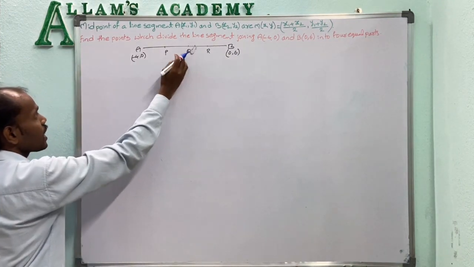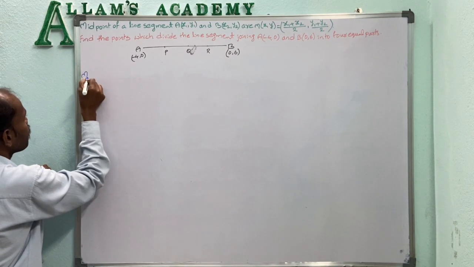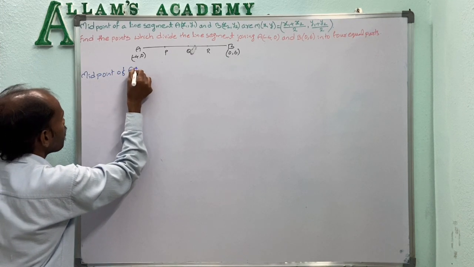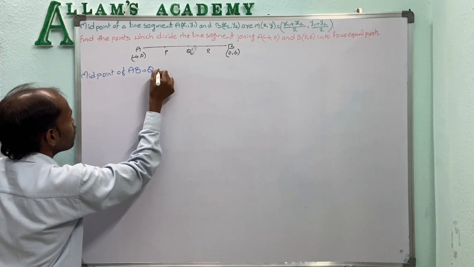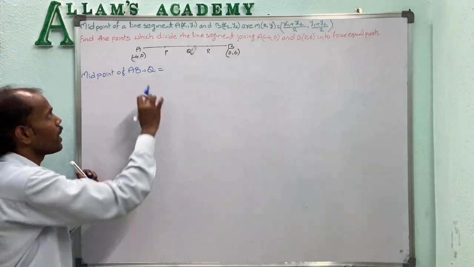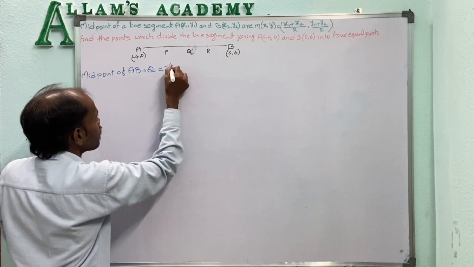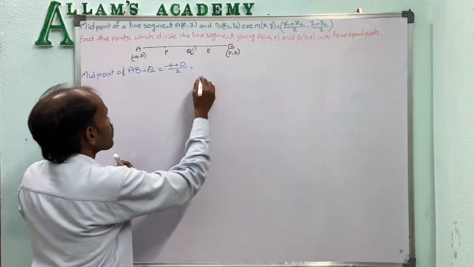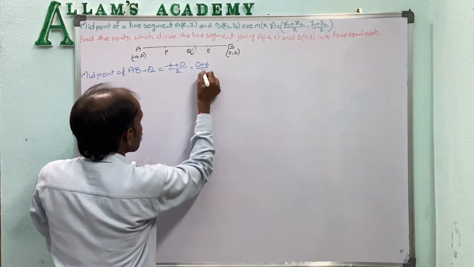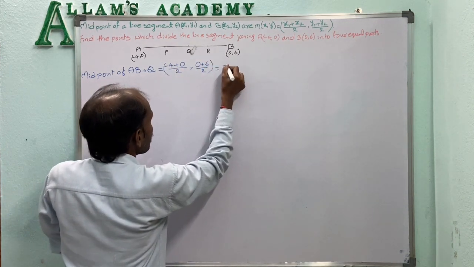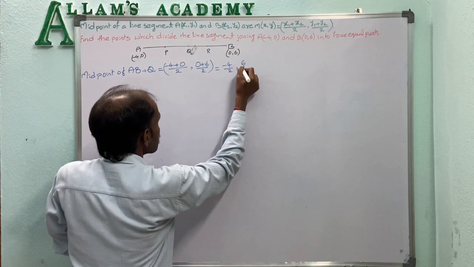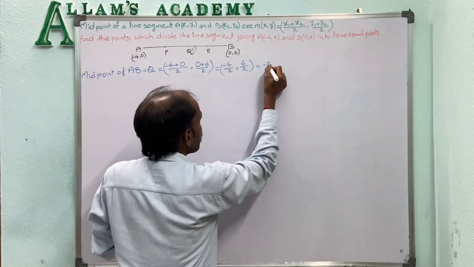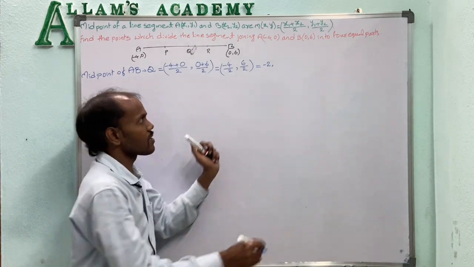Now finding the point Q, the midpoint of AB, it is equal to ((-4 plus 0) by 2, (0 plus 6) by 2). -4 plus 0 is -4 and 0 plus 6 is 6, so that is (-4 by 2, 6 by 2). -4 by 2 is -2 and 6 by 2 is 3.